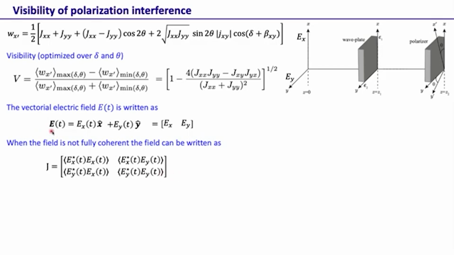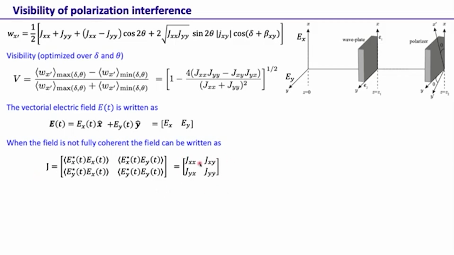If it is fully coherent, then the field can just be written as a row vector. The terms within the matrix we can write as Jxx, which is Ex star Ex, Jxy, which is Ex star Ey, and so on. So that's the representation of the field in the polarization basis, for a field that is not fully coherent.